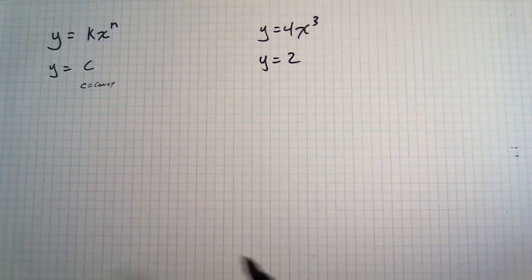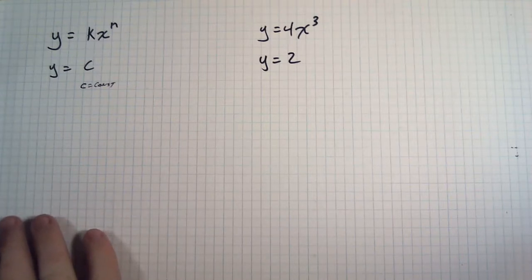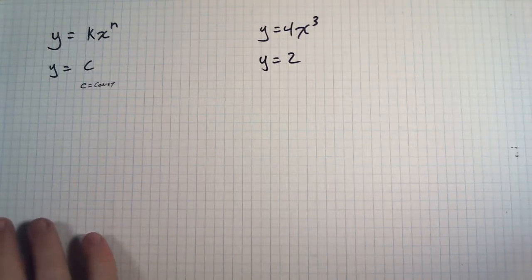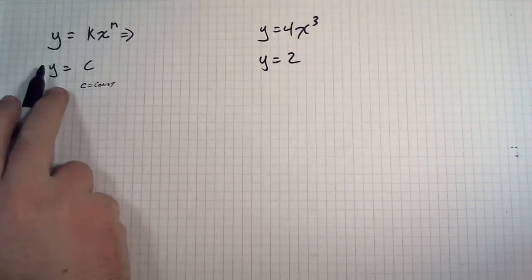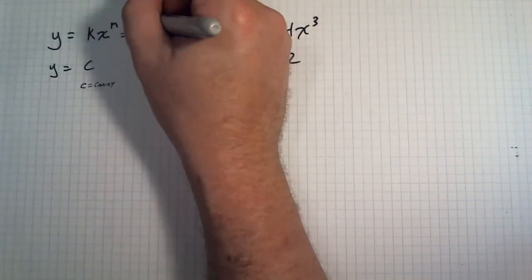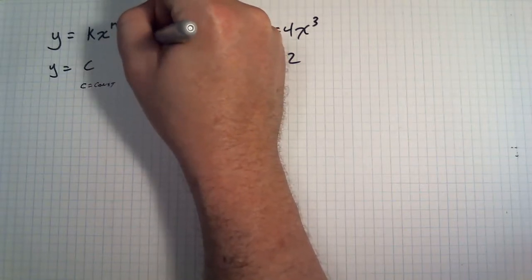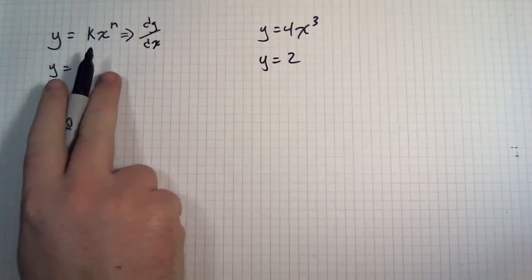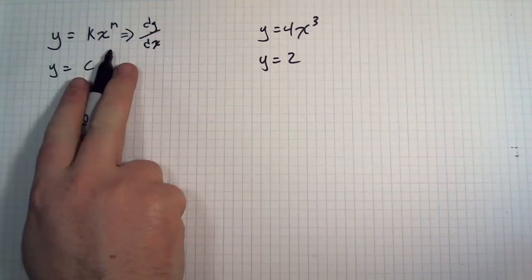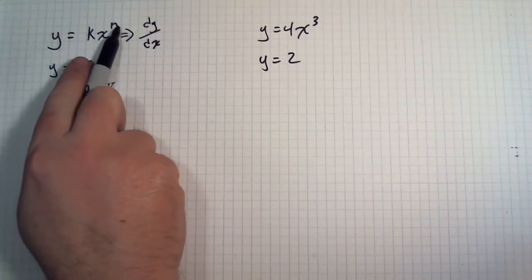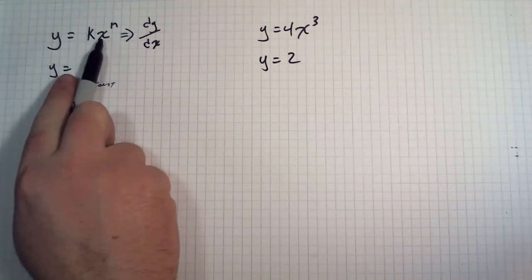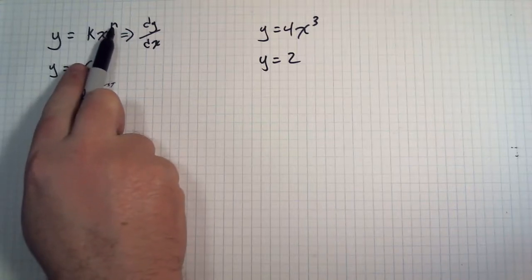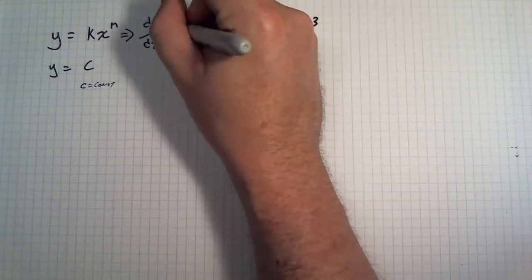And derivative has a whole special way to show you where this comes from. So for now, this video is a bit of a trust me, I know where this is coming from. So the derivative would be written dy by dx. And then with this function here, what you do is you take the n, you bring it down, so you'll have n times k, and then you're going to have x to the power of 1 less than n.